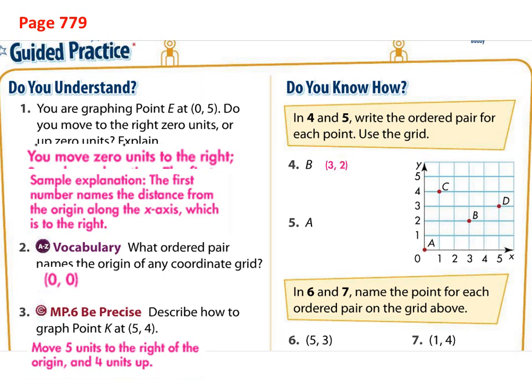Okay. Of course, P is 3 and 2 because we must run 3 steps, then rise 2 steps. So 3 and 2. A, how to go to A? Run, how many steps? Of course it's 0. Rise, 0. Of course, A here is at the origin point of this coordinate grid. So A is 0 and 0.